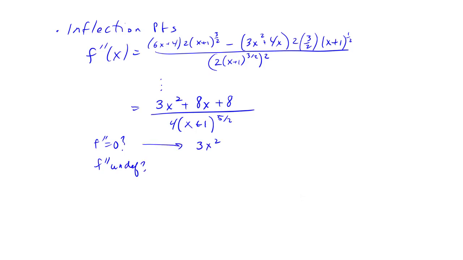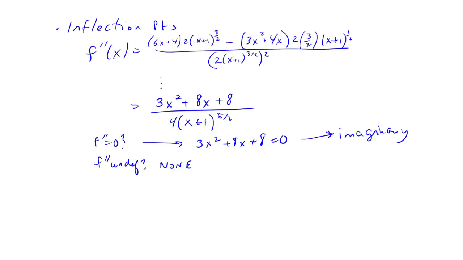So now if I put 3x squared + 8x + 8 equal to 0, you're only going to get imaginary solutions to that. Plug it into the quadratic formula and see, which means that there aren't any zeros of the second derivative. And there aren't any places where the second derivative is undefined where the original was defined.